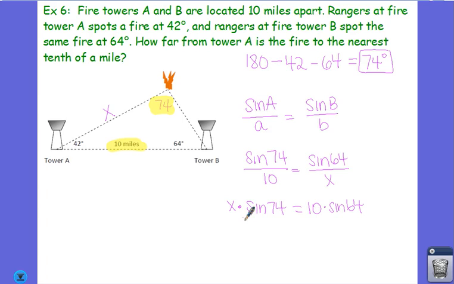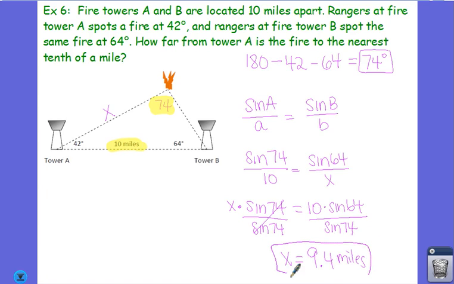To get x by itself, we need to divide by the sine of 74. Those all cancel. Pick up your calculators. 10 times sine 64, close parentheses, divided by the sine of 74, and your calculator should spit out 9.4. Because this is a word problem, we need units, and those units are miles. And that is the end of the lesson, and we will see you in class.